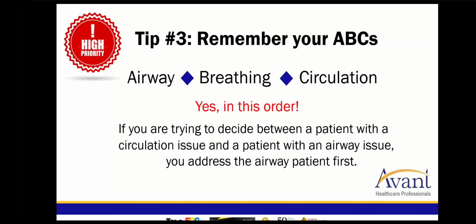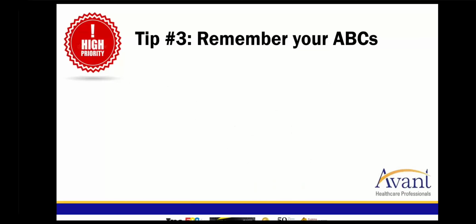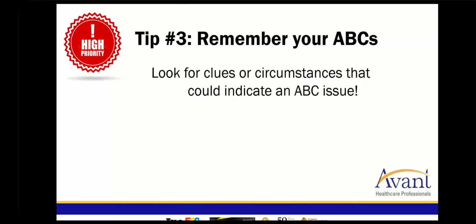If you're trying to decide between a patient with a circulation issue and a patient with an airway issue, you guessed it, you address the airway patient first. So A before B, B before C. Look for clues or circumstances that could indicate an ABC issue.